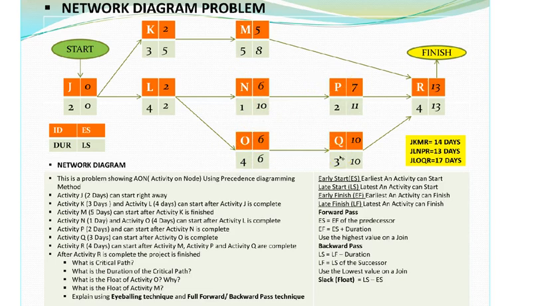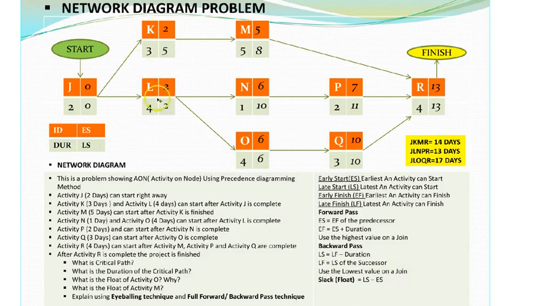In our backward pass, we already found the late starts. Now when I go to L, this is where I have a join, because it's coming from N and from O. What I have to do during the backward pass is use the lowest value on the join.